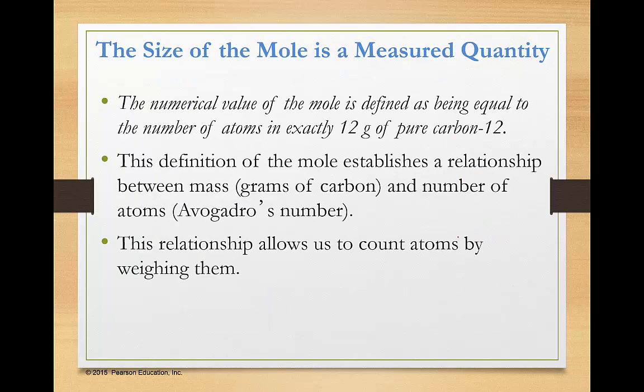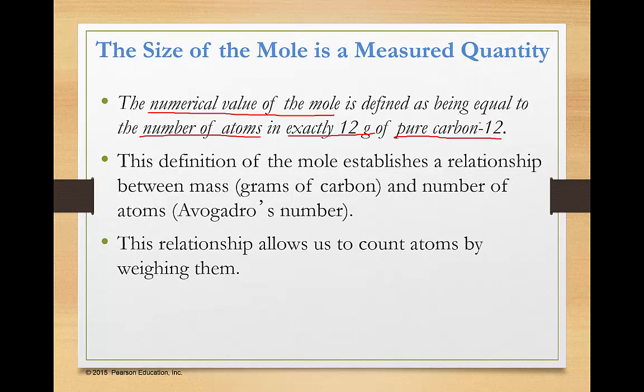So where did that number come from? Why 6.022 times 10 to the 23rd? Well, the reason for that is because the numerical value of the mole is defined as being equal to the number of atoms in exactly 12 grams of pure carbon-12.